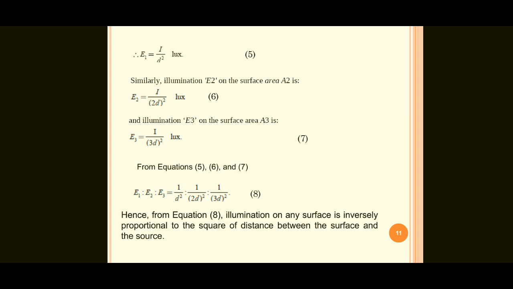A hot body means 500 to 800 degrees C, a red hot, and white hot means 2500 to 3000 degrees C. The wavelength of the light varies from 4000 to 7500 angstrom unit. So 1 angstrom unit means 10 power minus 10 mm.